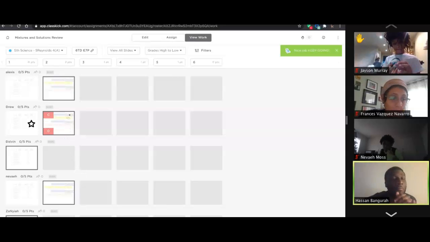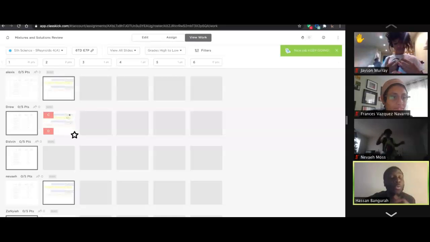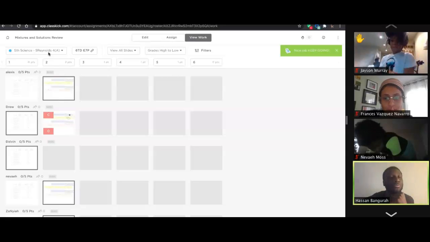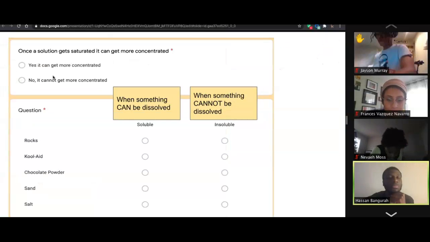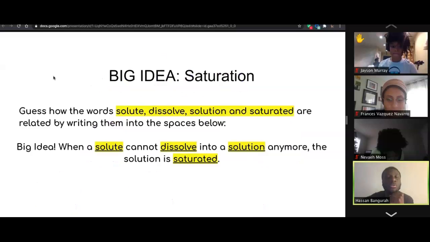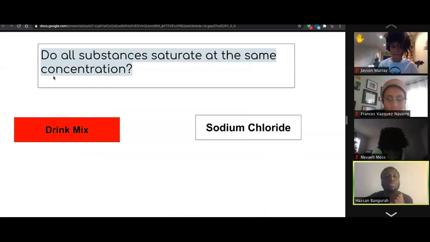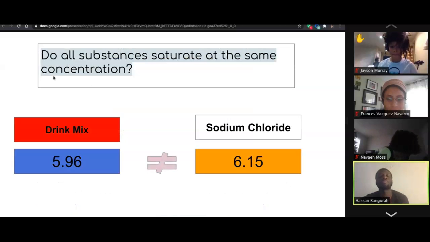Great. Drew, go back to slide number 1, and I want you to think about what you learned about what is the most soluble versus the least soluble. I'm also going to have it here so that you can reference it.